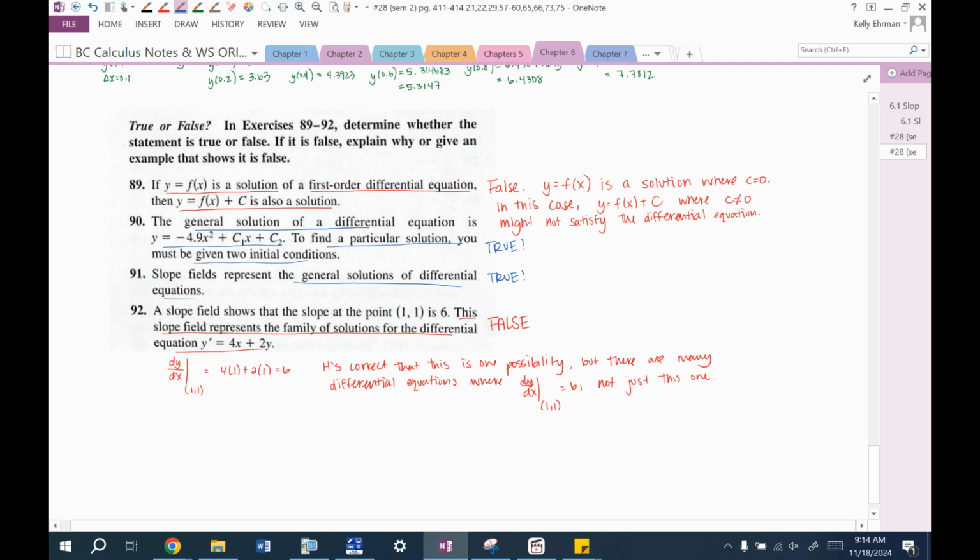We have to be careful here, because if y equals f of x is a solution, that means the c value is plus 0. So if that works, that's a particular solution they're talking about, because they didn't start off with the plus c. Then no, all of the other general solutions will not be a solution. It's just this specific one. There's an example in the back of the book that uses something specific.